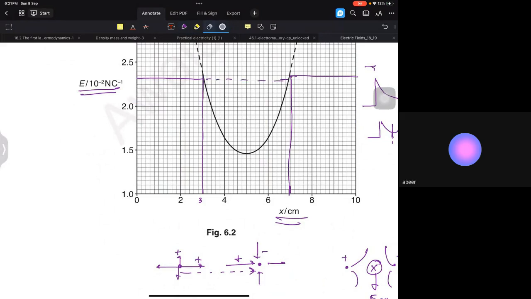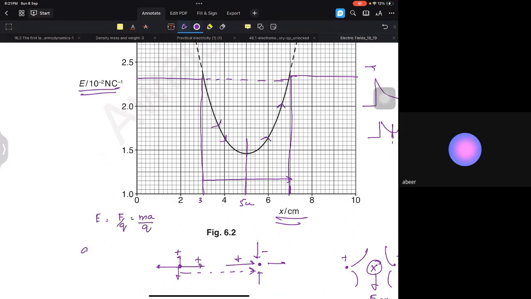But the idea is that as it moves from this end to this end, you can realize that the electric field strength is going to reduce till the point which is 5 centimeter, and then the electric field strength increases again. Now, electric field strength itself is basically force per unit charge. Force is ma over q.